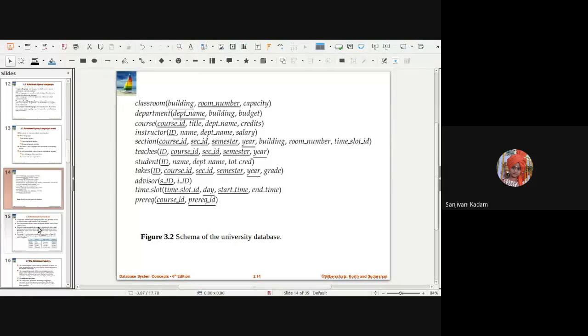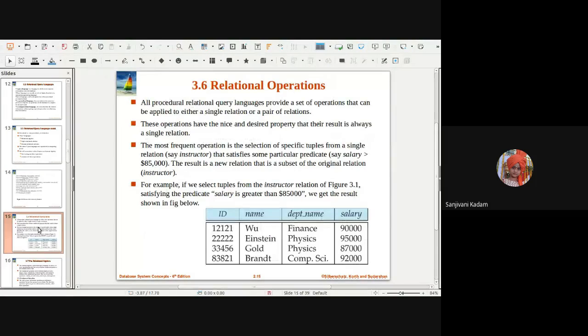So this is the main property. And here we might give a number of relations as input, but always only a single relation is given as output.